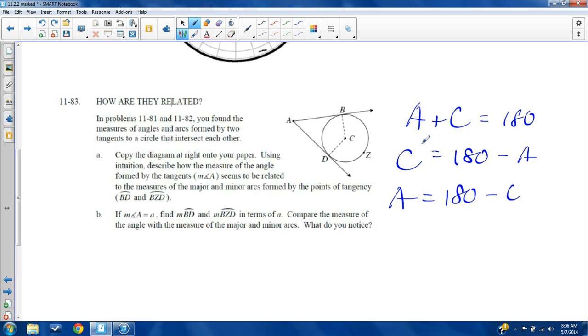Now, alongside that, another important thing you have to know here is that C is a central angle. A central angle and its intercepted arc have the same degree measure.